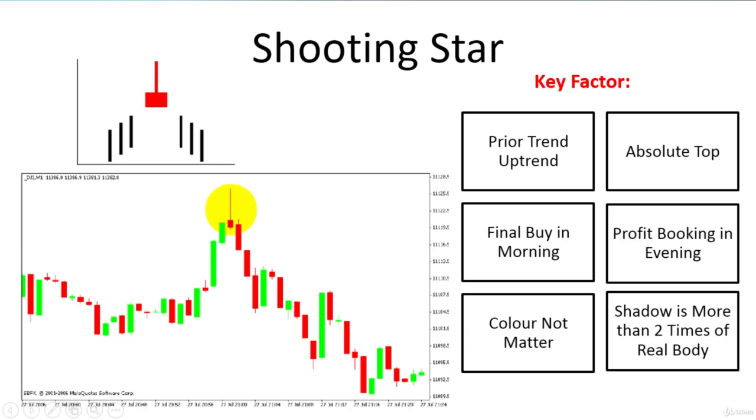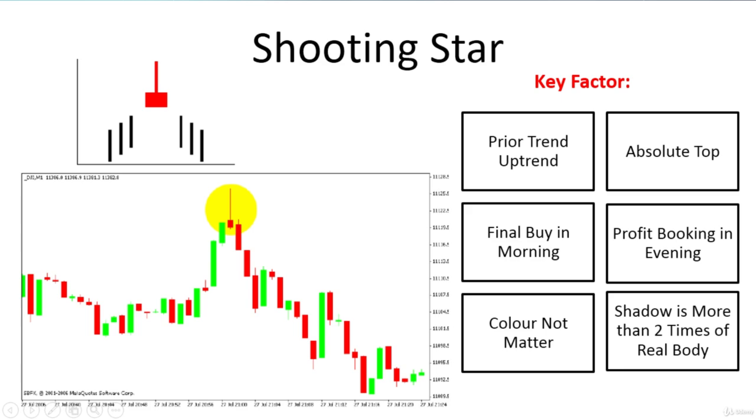That means the awl pin is at the bottom and the shadow is above the real body. As we see in the chart, the prior trend is strong, and the pattern clearly shows a loss of control.